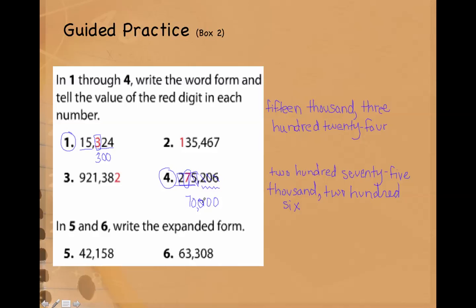Now we need to write 5 and 6 in expanded form. So I'm going to begin, and I think I'm going to choose to write 6 in expanded form. So I'm going to begin by crossing off my 6, and everything behind it is 0. 1, 2, 3, 4. 3 spaces in the comma, plus I'm going to cross off the 3, and everything behind it is 0. 1, 2, 3.